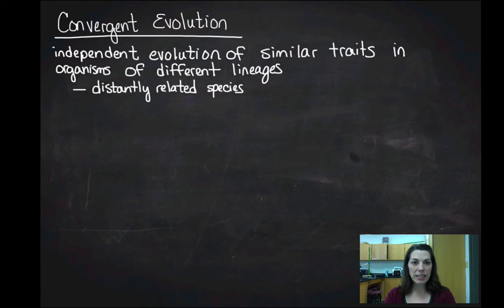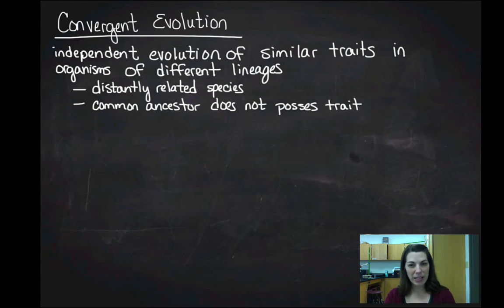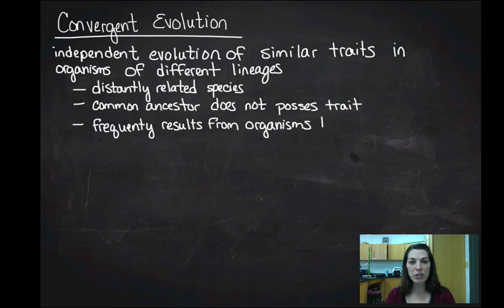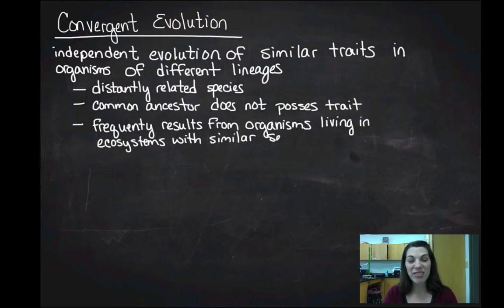So let's look at an example of convergent evolution. The main thing you need to know is that the common ancestor for these two organisms does not possess the trait. And these are frequently results from organisms living in ecosystems that have very similar selective pressures. So if I have organisms that live in an aquatic environment, it might be helpful to be very streamlined.